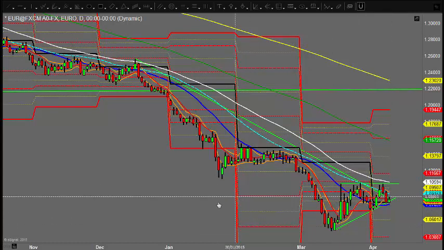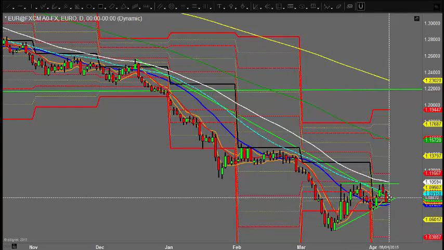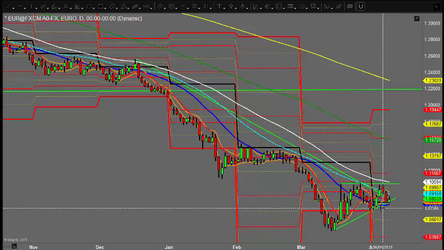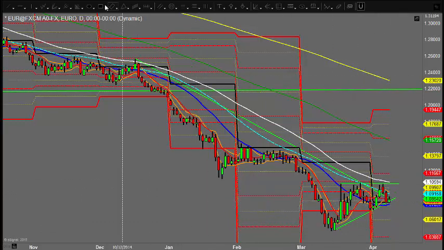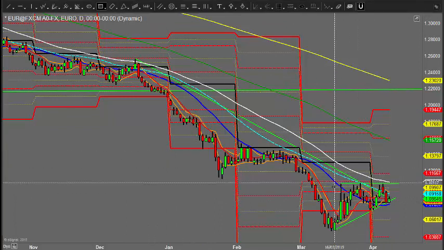And what we've got going on here is a bit of a wedge pattern at the moment. As I said to the guys in the trading room this morning, I'll use my little tool again there.